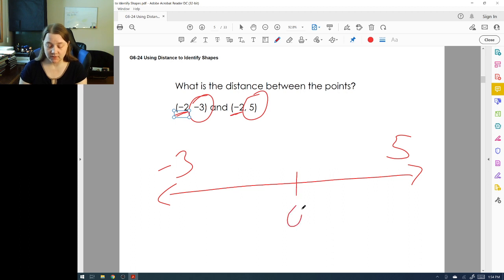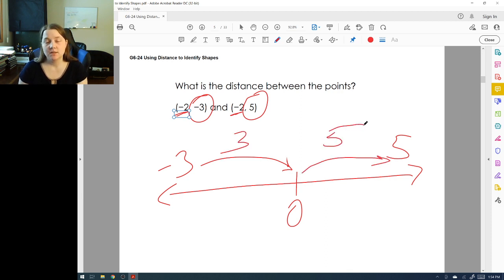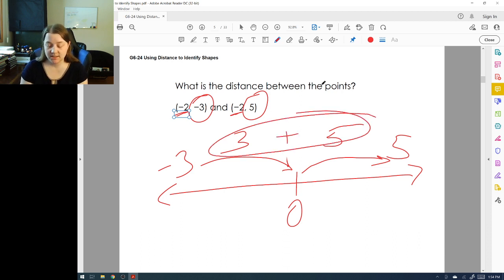We would have 0 in between. That's not exactly where 0 should be, but it's going to be close enough. To go from -3 to 0 is going to be 3 steps. To go from 0 to 5 is going to be another 5 steps. So when we add up all of those steps, the distance is going to be 8.